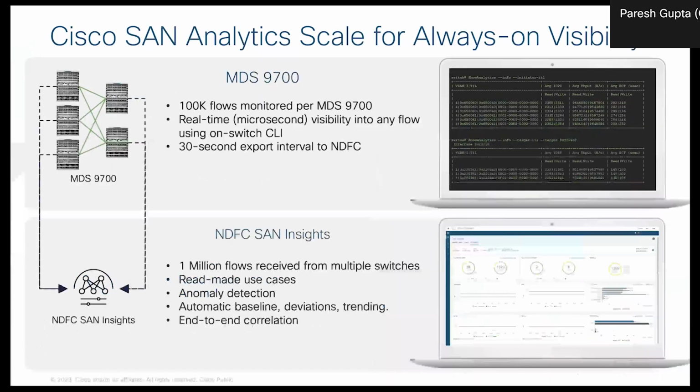But in addition to that, the switches export these metrics every 30 seconds to Nexus Dashboard. And then Nexus Dashboard receives these metrics from many switches in the fabric, while a single server can have up to 1 million flows. And then it converts these metrics into very intuitive use cases, things like detecting an anomaly from any of those flows.